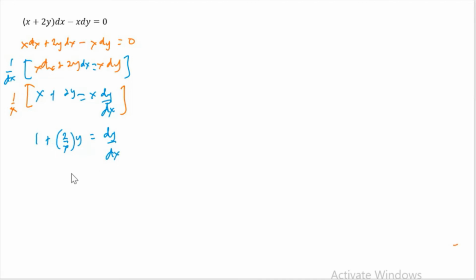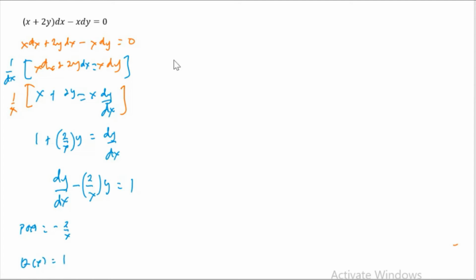So it's not yet in the standard form. So I will transpose and rewrite this one into a standard form. So I can write now dy over dx, transpose the 2 over x of y, it becomes negative 2 over x of y is equal to 1. So from here, we know that our p of x is equal to the negative of 2 over x and our q of x is equal to 1.